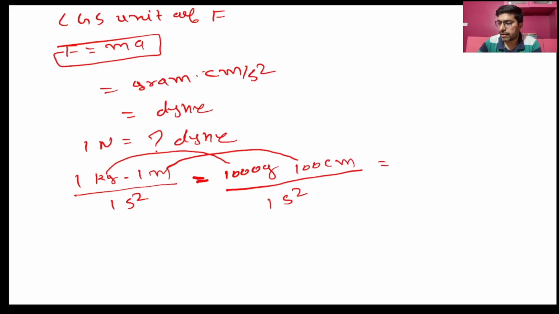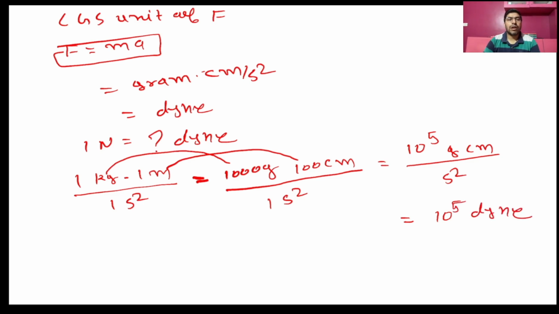If we multiply, we get 10 to the power 5 gram centimeter per second square, and this quantity is known as dyne. So 1 Newton is equal to 10 to the power 5 dyne. Clear? I hope you understood Newton's second law as well as the SI unit and CGS unit of force, right?